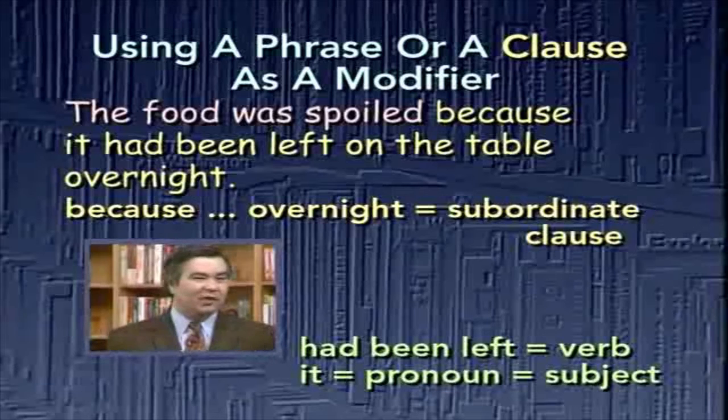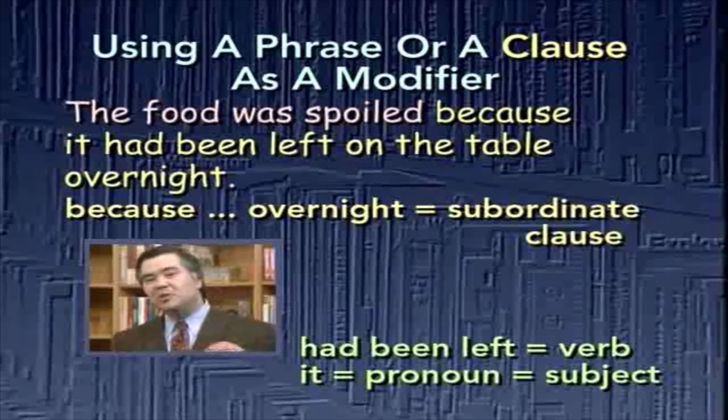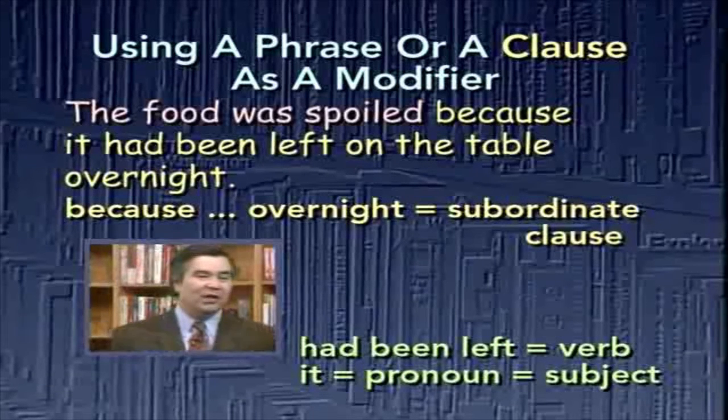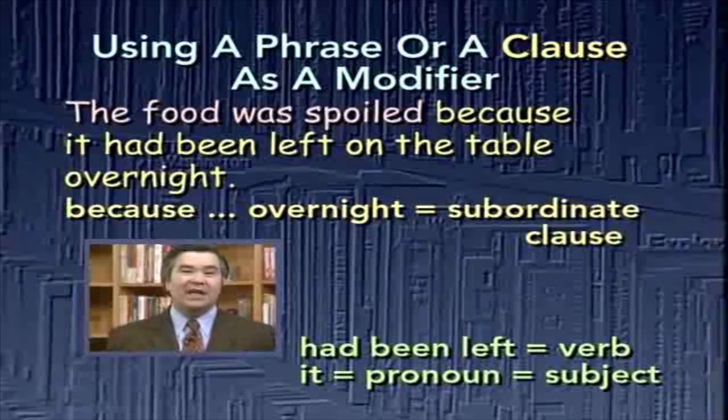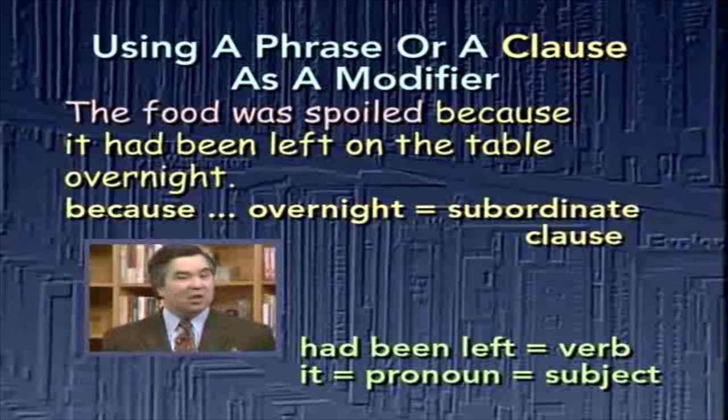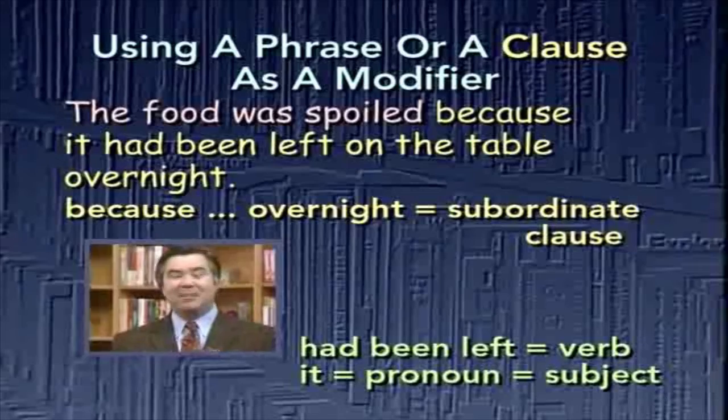Because it had been left on the table overnight, that all explains why the food was spoiled. Therefore, this subordinate clause is acting as a kind of adverb. It's giving more information about or modifying the verb was spoiled. So here we have an entire clause acting as an adverb, acting as a modifier.